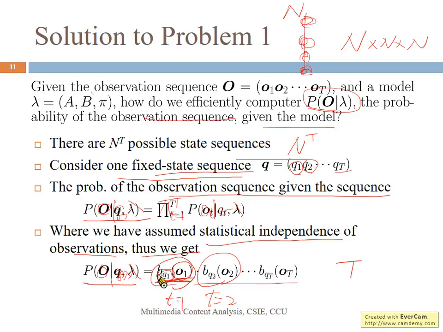Note that this is only for calculating the probability given this one state sequence, and we have N to the power of T possible state sequences. So this is a very computationally expensive process.